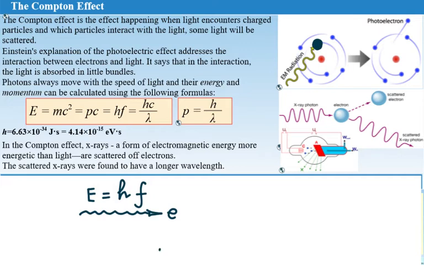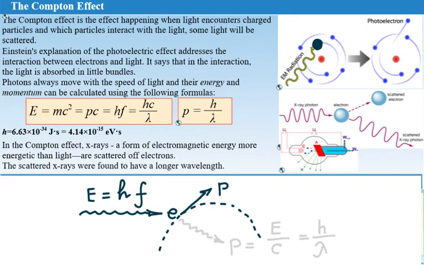This electron can be knocked out of its orbit, so the electron leaves the orbit and will have some momentum. At the same time, another photon, with lower energy than the original one, leaves, having the momentum of the photon, which is the energy of the photon over the speed of light. The energy of this photon is equal to Planck's constant divided by the wavelength of this new photon.